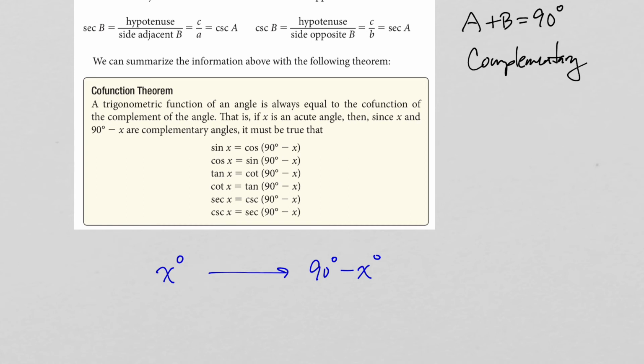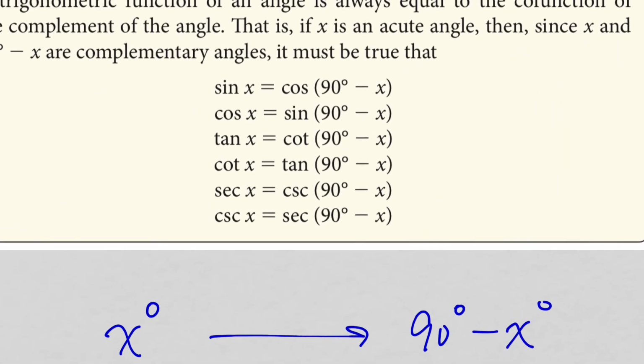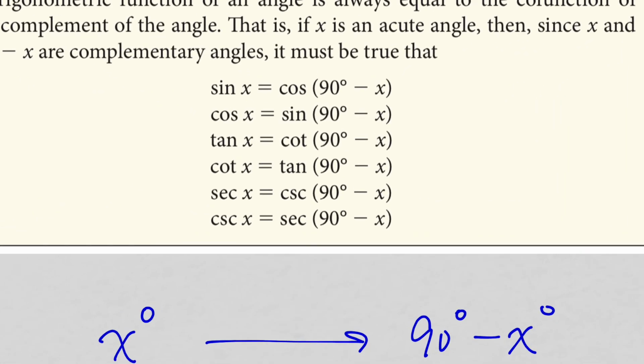So the complement of x is 90 minus x. So the way we can say this cofunction theorem in a very efficient manner is that sine of x is the same as cosine of 90 minus x. Likewise, cosine of x is the same as sine of 90 minus x. And we can do the same thing for tangent and cotangent, and also for secant and cosecant.